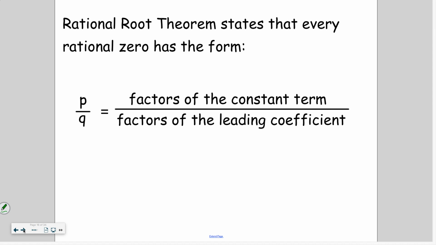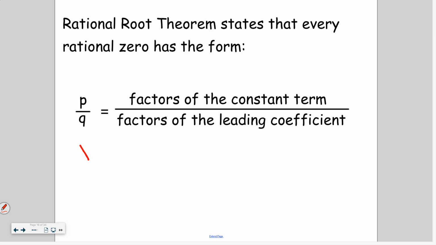The rational root theorem states that every rational zero has the form of p over q. P is the factors of your constant, and q is the factors of your leading coefficient. So you have to make sure you're in standard form. Never forget that.